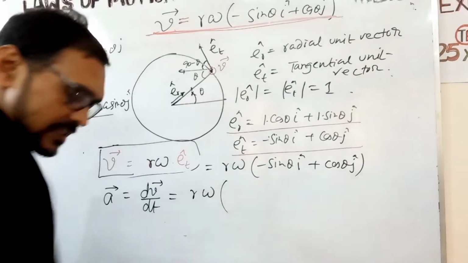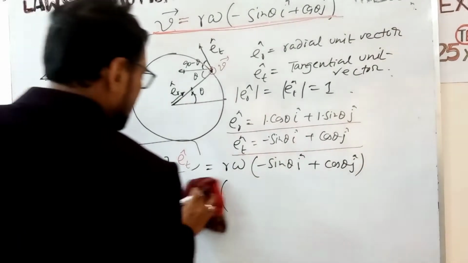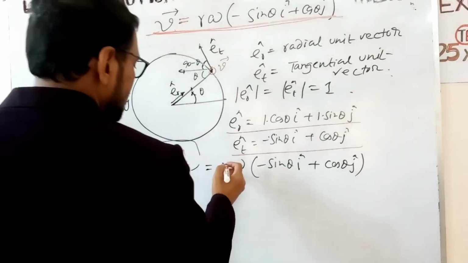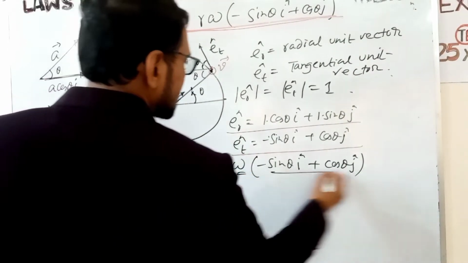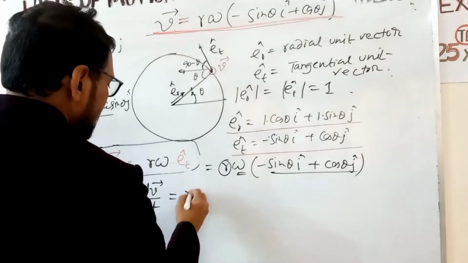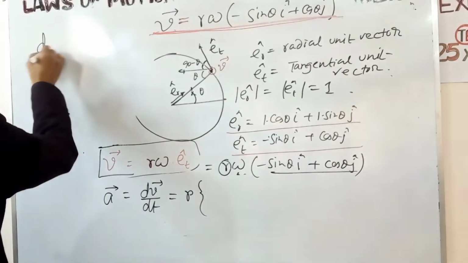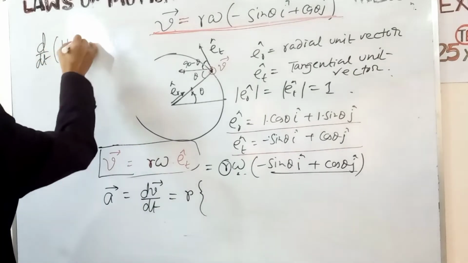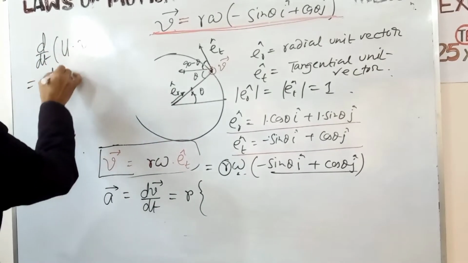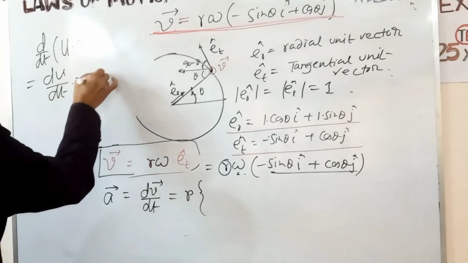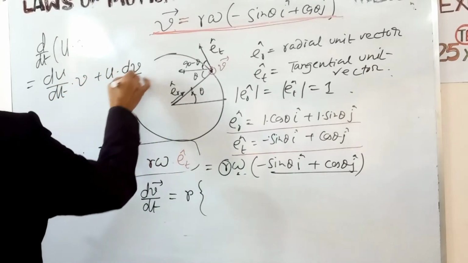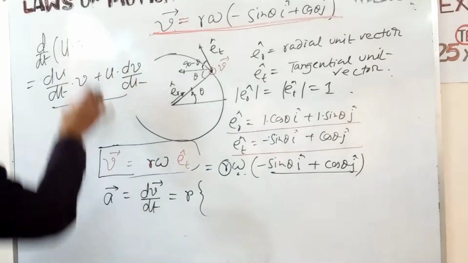So this we get r omega into the derivative of this. Now here only omega r is constant, this is constant, and this and this are variable. Now this is u and this is v. We know the derivative of uv equal to du by dt into v plus u into dv by dt. This is the formula, so apply this formula here.